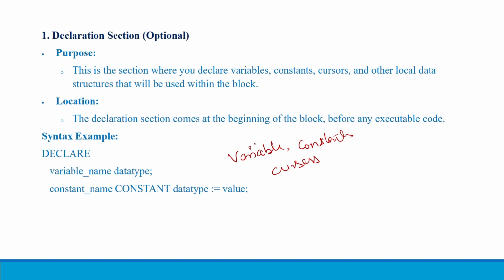The declaration section is the first section in the PL/SQL block, which means it comes at the very beginning and before the execution section. The basic syntax is, first you write the keyword declare, then the variable you want to use, followed by the data type of that particular variable. In case of a constant, we use the constant keyword.